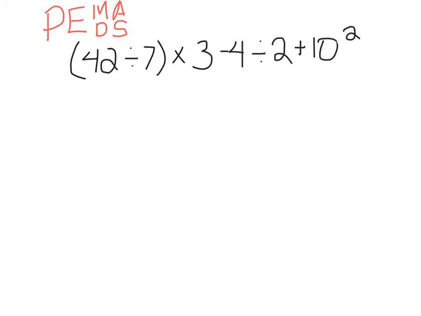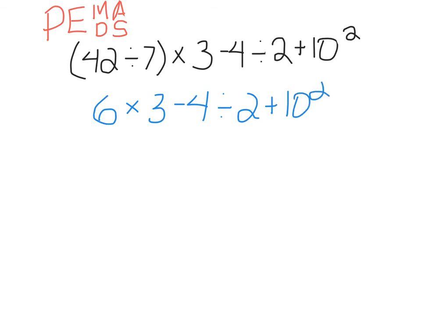So here we have 42 divided by 7. That's what we're going to do first. So 42 divided by 7 would equal 6. Then we can rewrite the problem. 6 times 3 minus 4 divided by 2 plus 10 squared. So we've taken care of all of our parentheses.